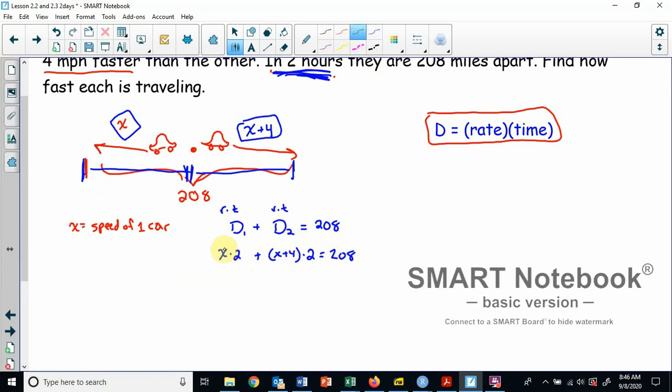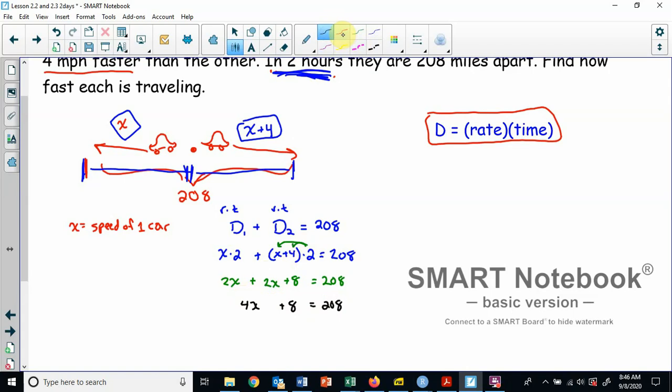So let's see. 2x times 2, that's just 2x plus, and I can distribute this 2. That'll be 2x, and 2 times 4, so plus 8 equals 208. And then I have like terms here. 2x plus 2x is 4x plus 8 equals 208.